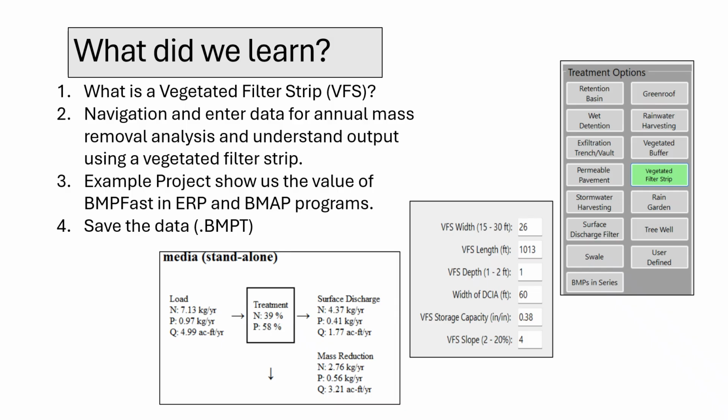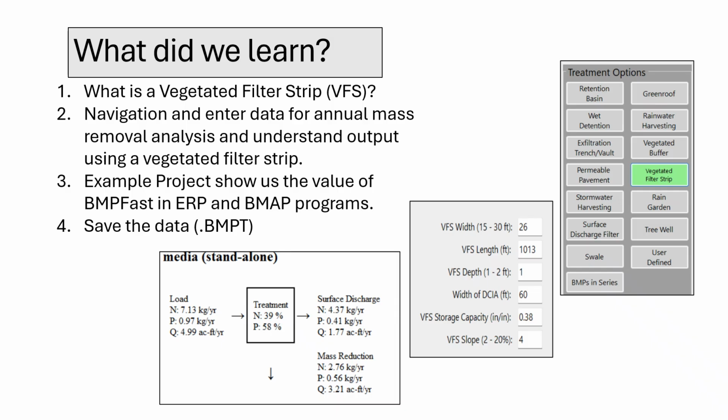These systems use select media to reduce pollutant concentrations in runoff, and the discharge from the VFS ultimately enters the surface drainage system. We also walked through how to navigate BMPFast and enter the appropriate data to conduct an annual mass removal analysis, and we looked at how to interpret the results that the software generates.